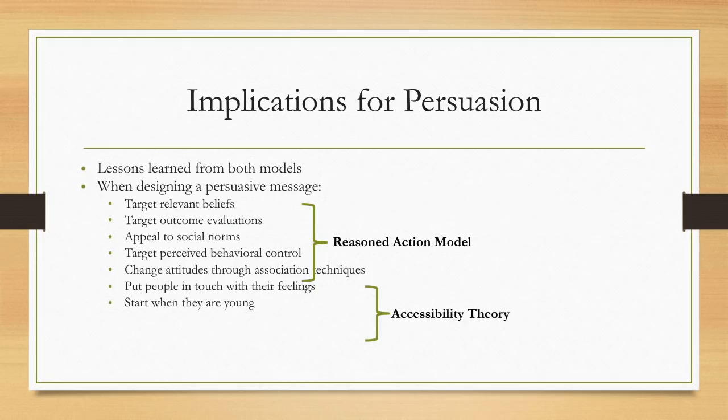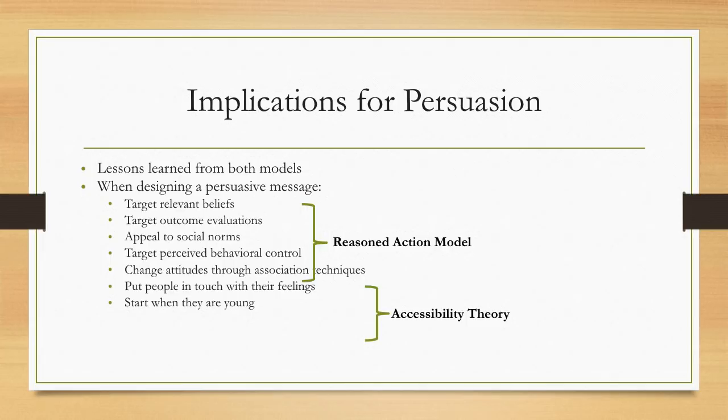So what have both of the models taught us in regards to persuasion and what we're supposed to do with them in order to get people to perform the things that we want them to perform, right? So here we have our lessons learned from both models. So when we go about designing a persuasive message to get people to change their mind, to perform a behavior, etc., the reasoned action model has given us 4 of the 7 it looks like that we have here.